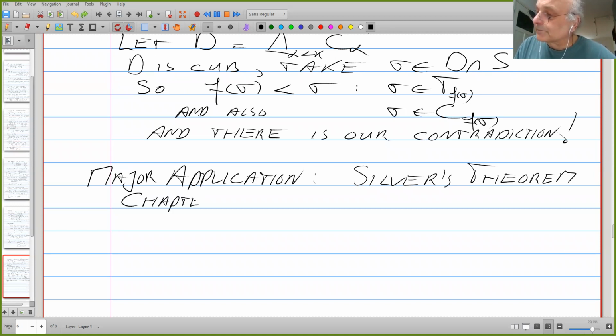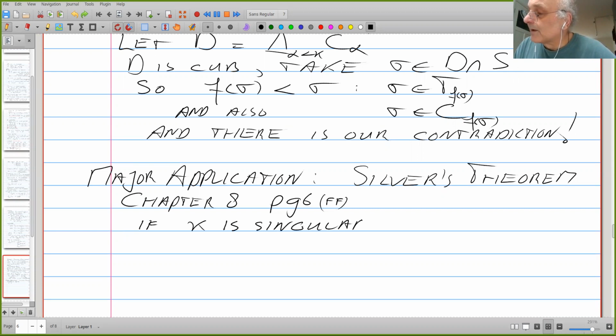So you start reading at page 96, and what you will see there is this. If kappa, okay, this is one of the exceptions, if kappa is singular and the cofinality of kappa is uncountable, and 2 to the lambda is equal to lambda plus for all.